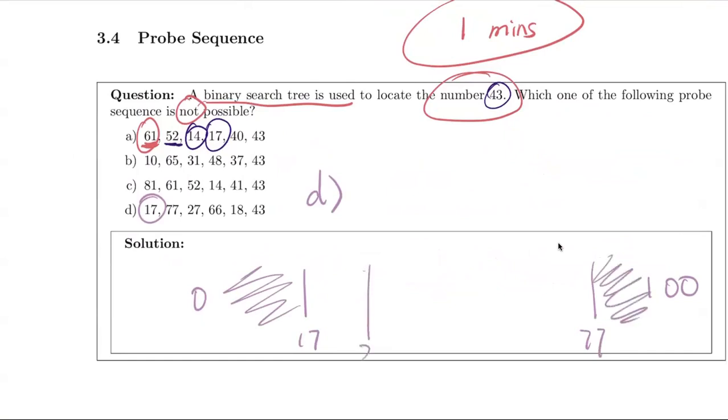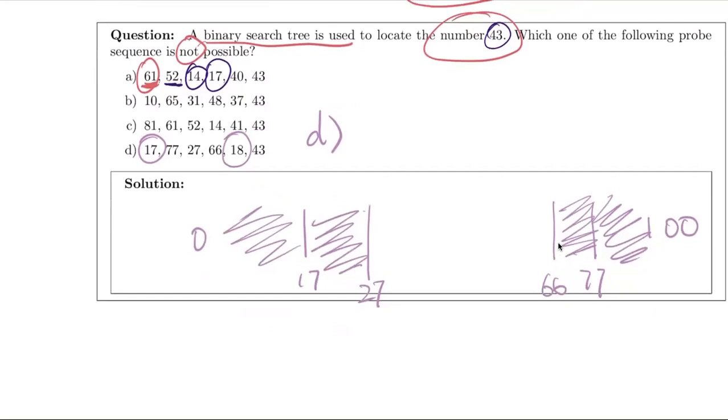Then I do 27. 27 is smaller than 43, so I discard the left-hand side. Then I do 66, which is larger than 43, so I discard the right-hand side. But here's the problem: it's not possible that I encounter 18 again, because 18 has already been discarded. So the probe sequence of D is not possible. Does that make sense? Any questions?